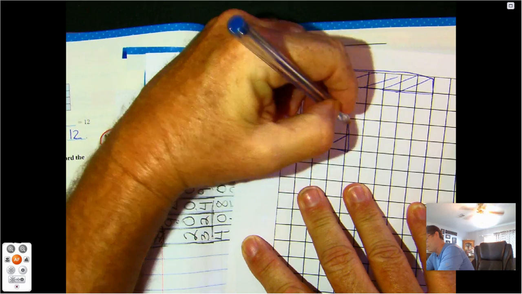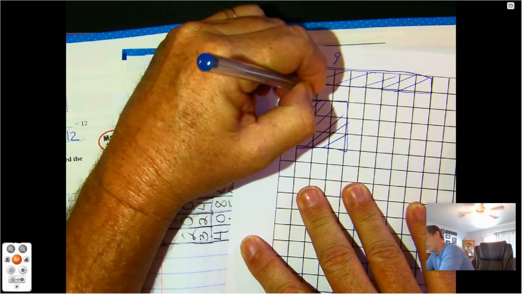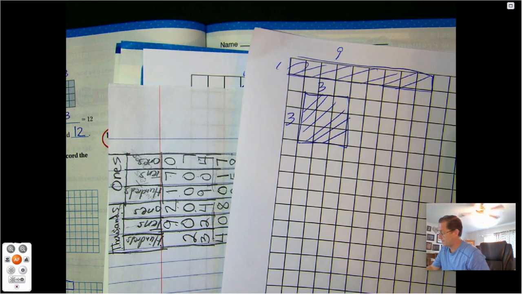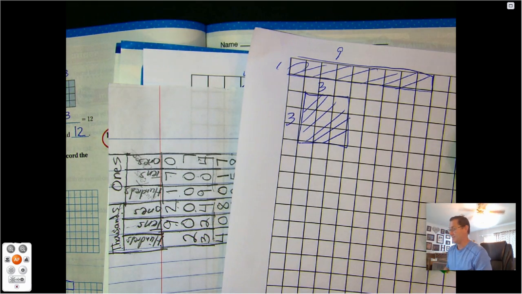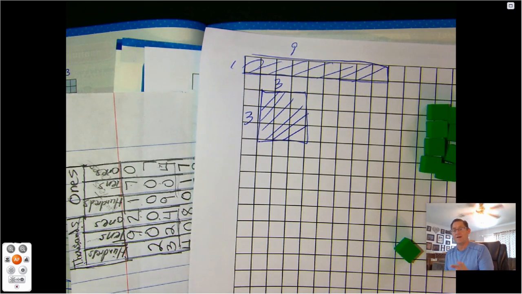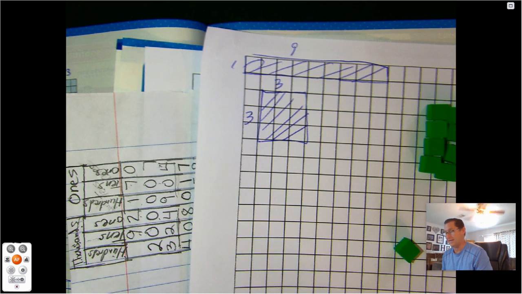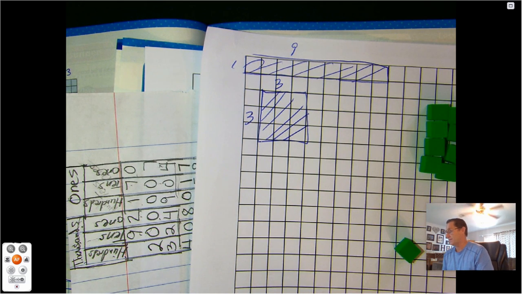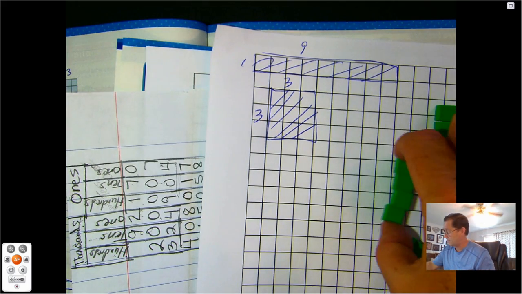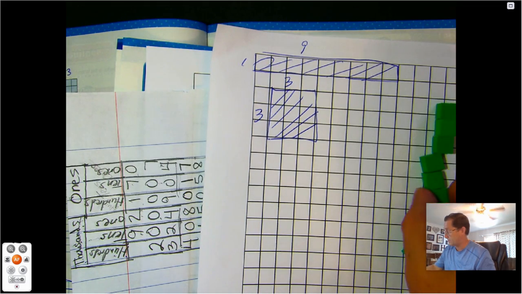If we go 4 by 4, that gives me 8, not 9. So 4 doesn't work. 5, I'm certain won't work because a multiple of 5 has to end in a 0 or a 5. 9 does not end in 5 or 0. 6, no, because I could have a row of 6, but there's going to be 3 left over that I can't share.